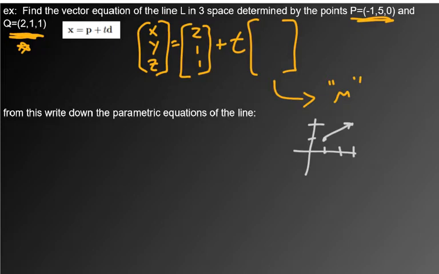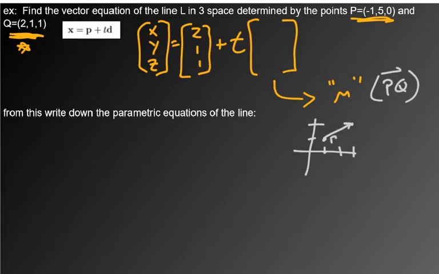And so to get this x component, I'm going to write it over here. I'm going to go p to q, let's say. If I go p to q, I need to subtract p from q.